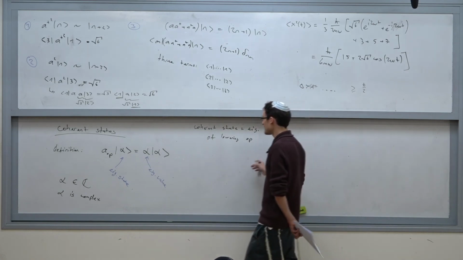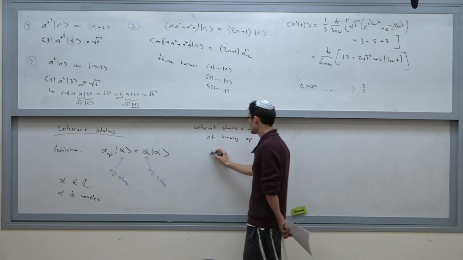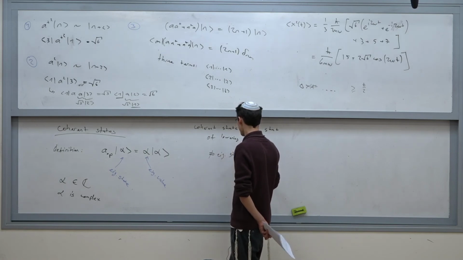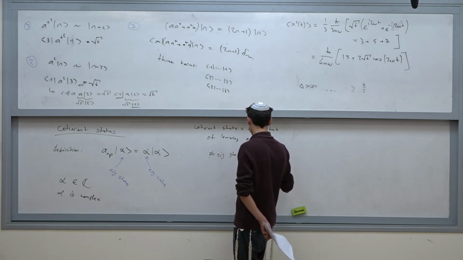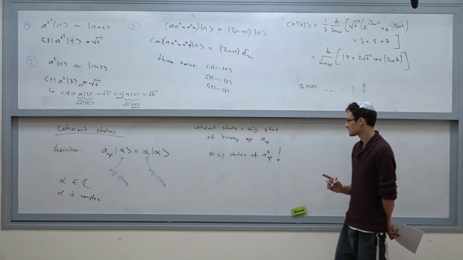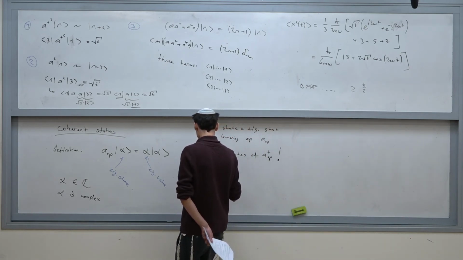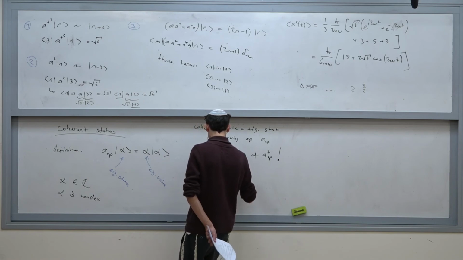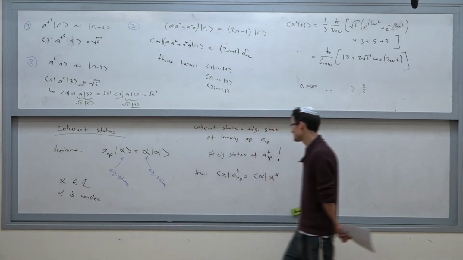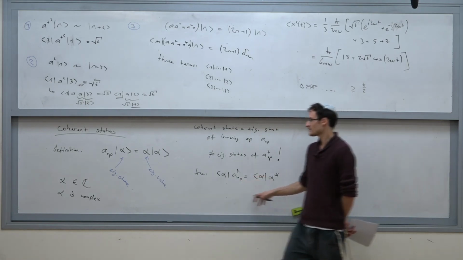An important thing I'd like to stress is that these are not the eigenstates of A dagger. Okay? What is true is that the bra alpha and then A dagger is equal to alpha times the complex conjugate of alpha. This is true. And this is true.